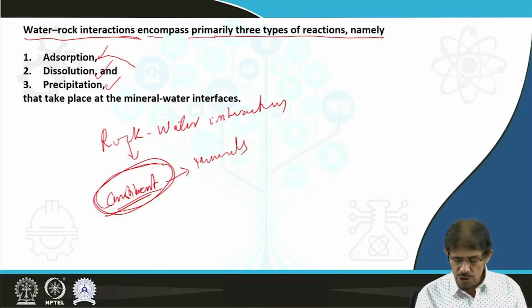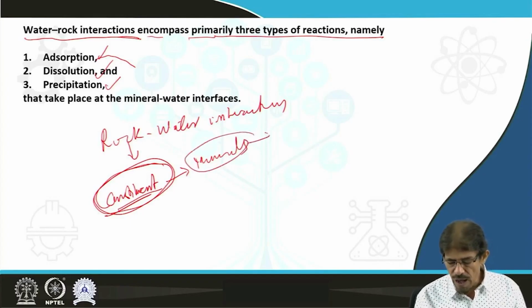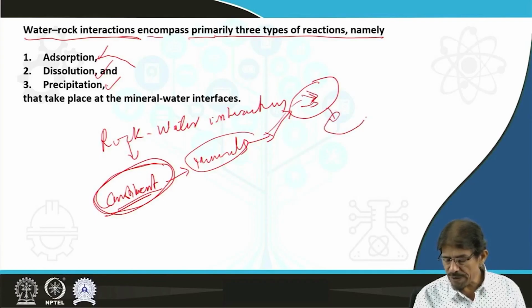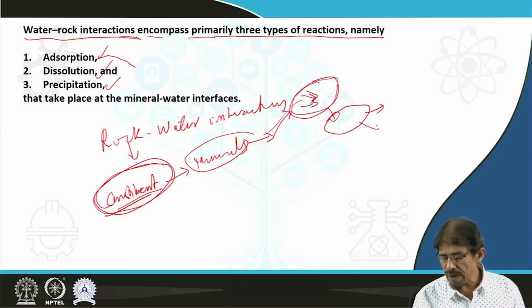And the dissolved material enters in the form of solution in water, and this dissolved material, at suitable conditions, is going to precipitate and change the state of water as well as provide some new deposit.